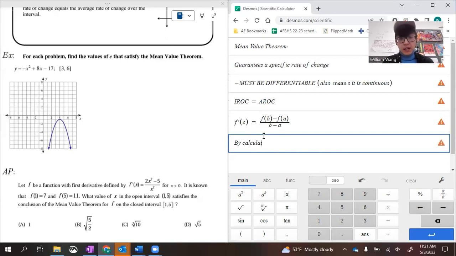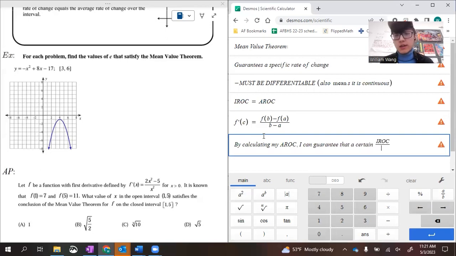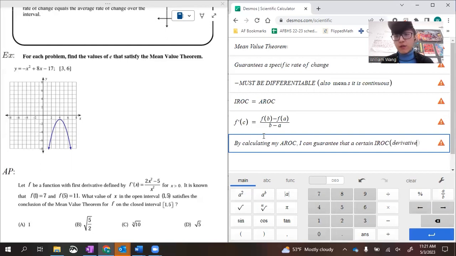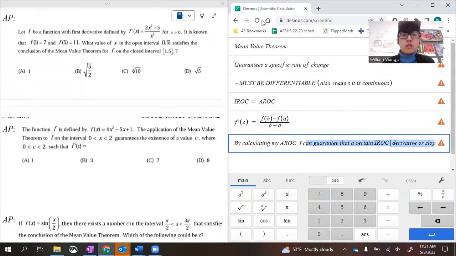So by calculating my AROC, I can guarantee that a certain IROC, which is a derivative or slope, exists. So let's see how that applies to a problem.